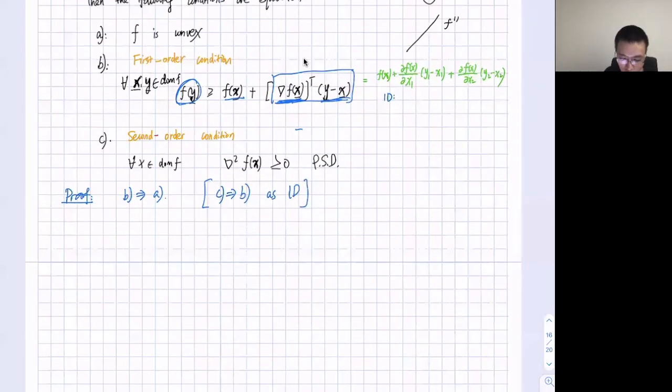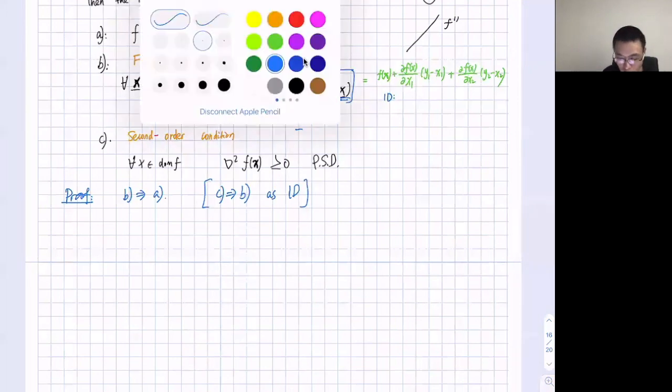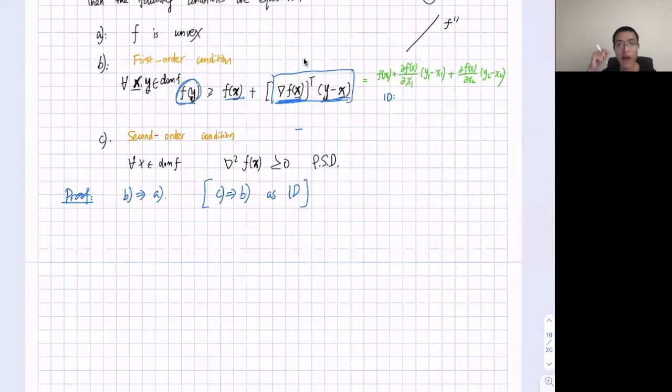So B to A says I would like to show f is convex. The only tool we have at this moment is the definition. The definition says you have to verify any two points and any lambda, and show it satisfies the inequality. So I start from any x, y in the domain of f.